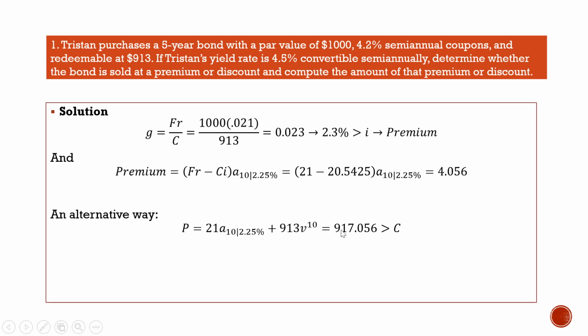So the price is 917.056, which is greater than 913. So the premium here is 4.056. If you make this amortization schedule, the book value should be written down because we start with 917 and write down to 913.